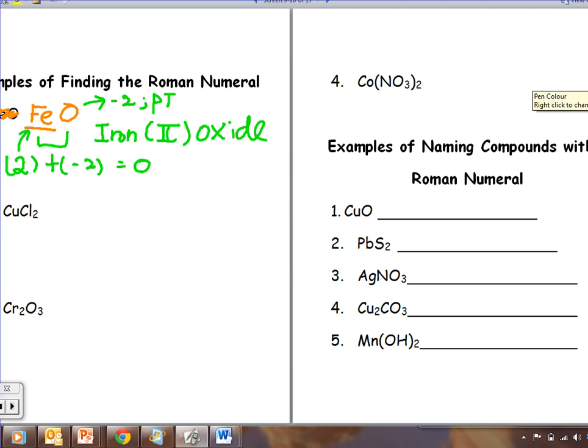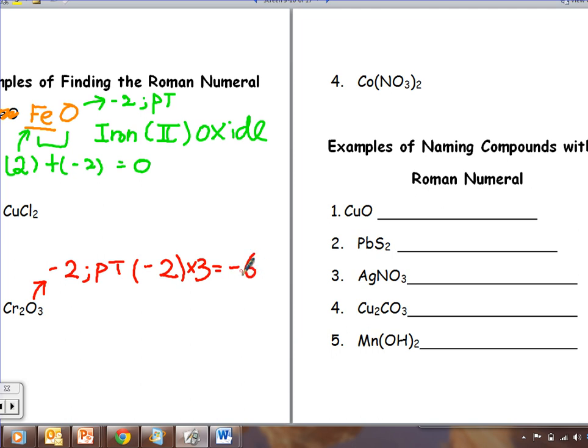Now, I want to do this one, Cr2O3. Oxide charge is always going to be -2. I know that because it comes from the periodic table. However, how many oxygens do I have? 3. So if I have -2, I have 3 of those. So total negative charge I have is -6.